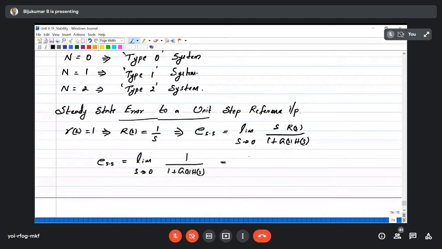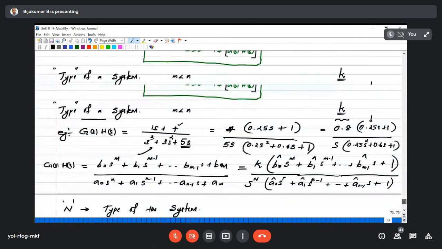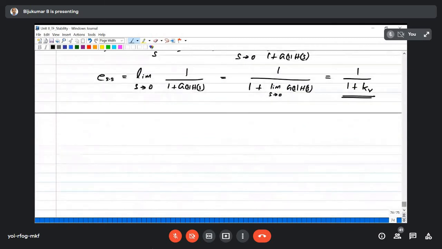Okay, this can be written as 1 divided by 1 plus limit s tends to 0, G of s into H of s, and it can be written as 1 divided by 1 plus Kv, where Kv is called, so now one more term I am introducing, static position error constant.